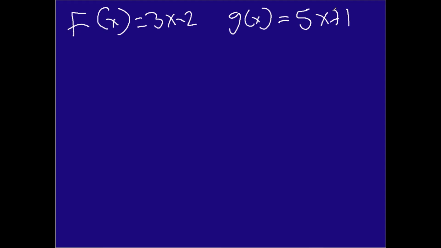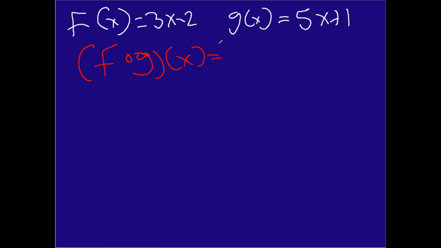And so the first thing we're going to figure out is the following. We want to know f circle g of x. All right, this is what we want to figure out.